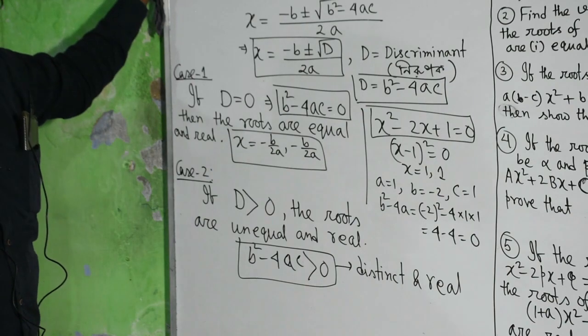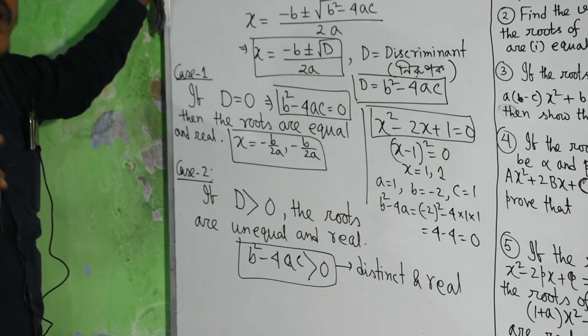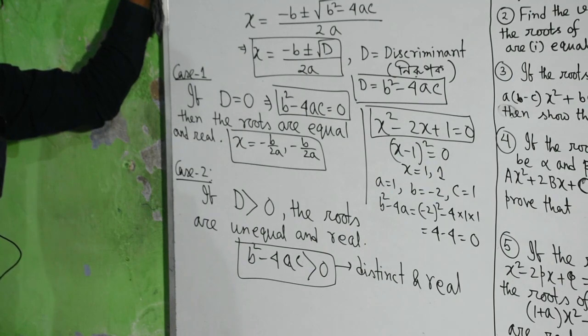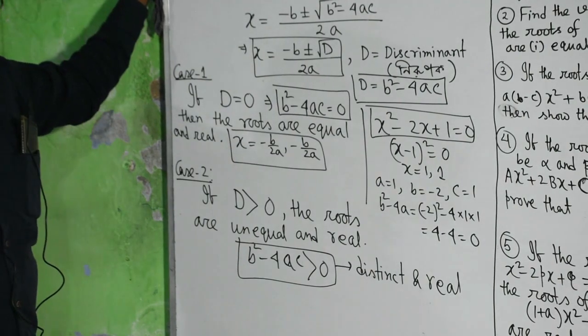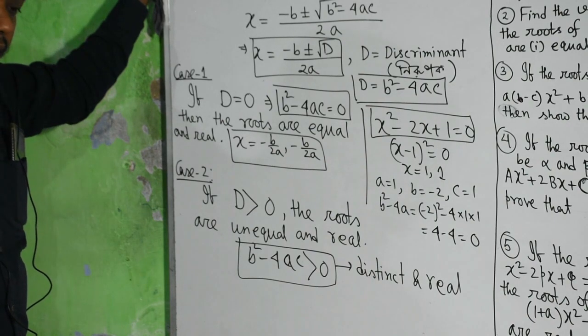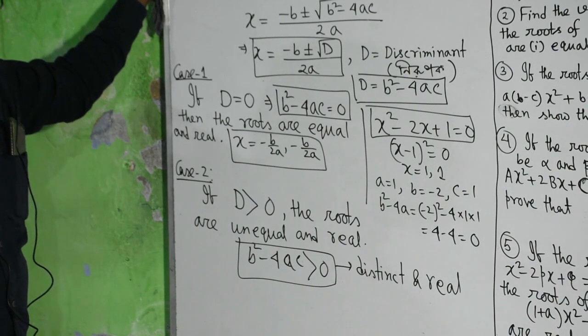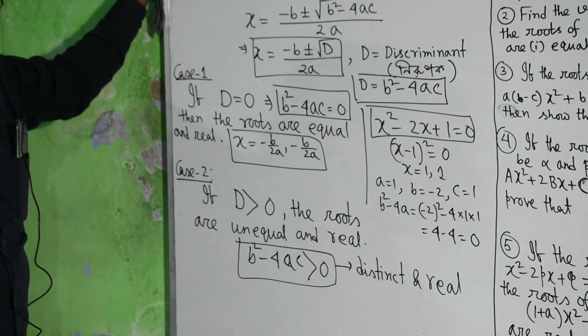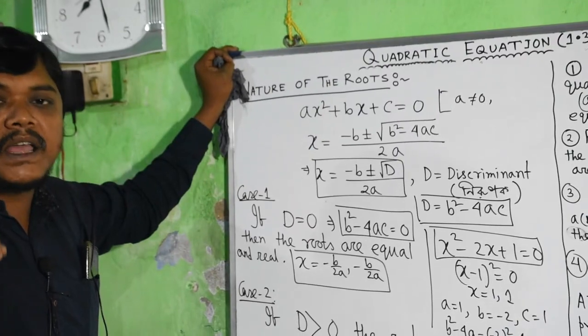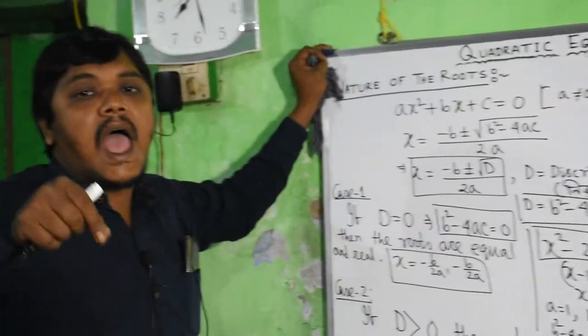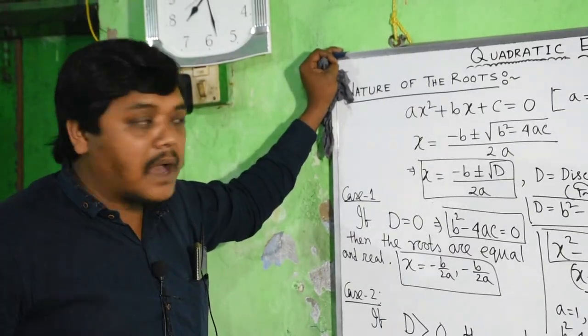That number is called a perfect square. For example, 1 is a perfect square, 4 is a perfect square, 9 is also a perfect square, 16 is also a perfect square. That means the square root of 4 is 2, the square root of 9 is 3. This number can be reduced to an irrational-free number.